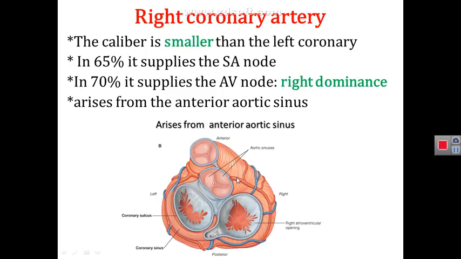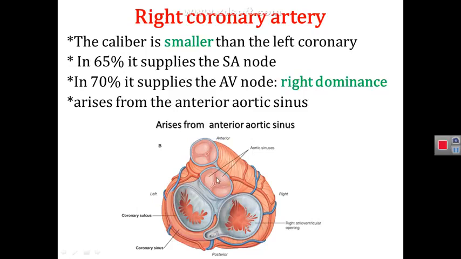And also this artery supplies the atrioventricular node of the conducting system in 70% of the population. In that case, if the right coronary artery is supplying the AV node, the right coronary artery is called the dominant coronary artery, and it is called the right dominance of the coronary artery.